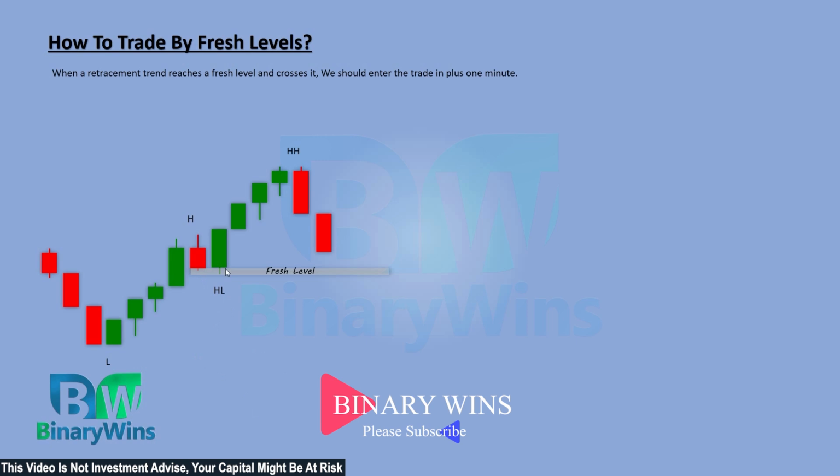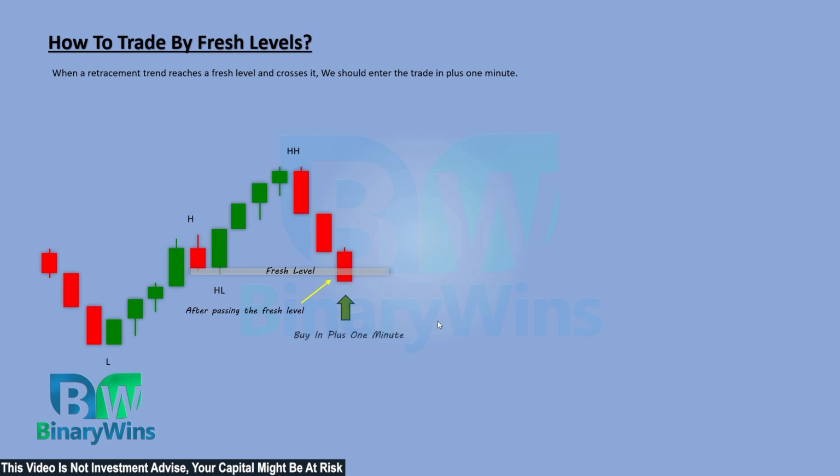So, this level is our fresh level, and when the red candle crosses the lowest shadow of our fresh level, we enter a buy trade on plus 1 minute time as soon as the candle crosses our lowest shadow in the fresh level, and our position will be closed on the close price of the next candle.